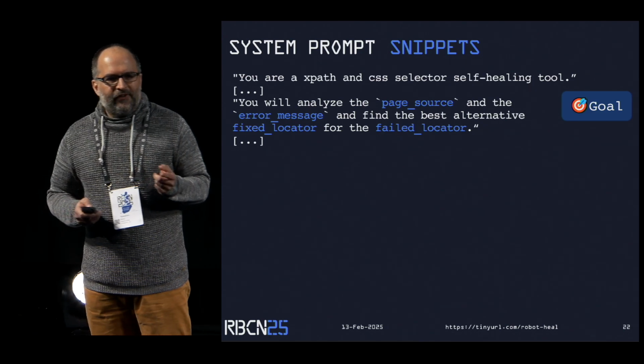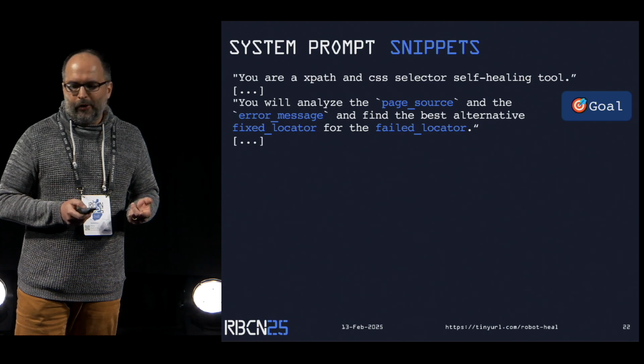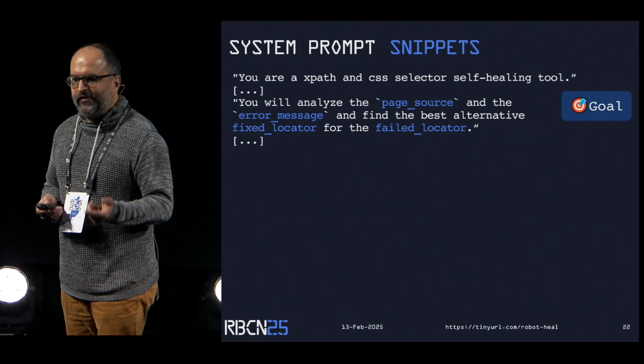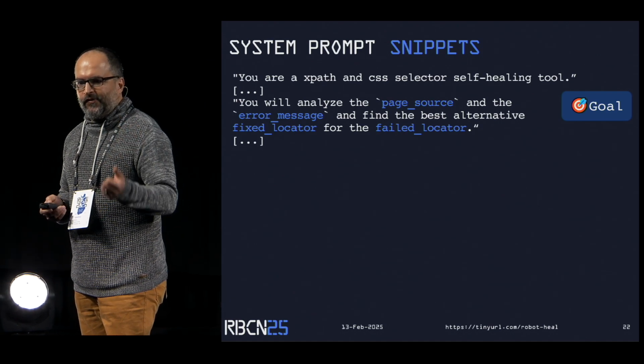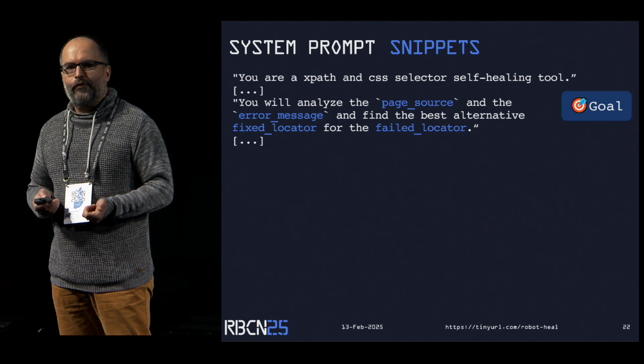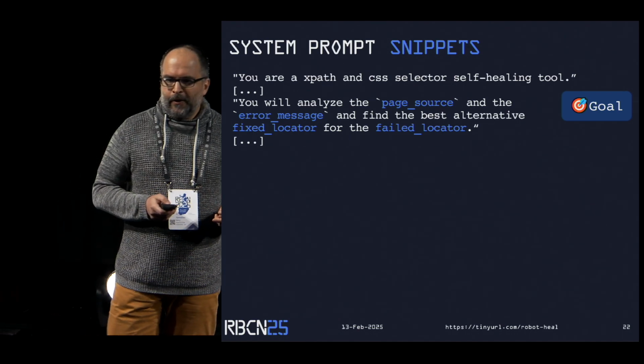So first, I'm starting the system prompt with the goal or the mission of the model. I'm telling it, hey, you're an XPath or CSS selector self-healing tool. You will analyze the page source and error message and find the best alternative fixed locator for the failed locator. That's the purpose, the goal.